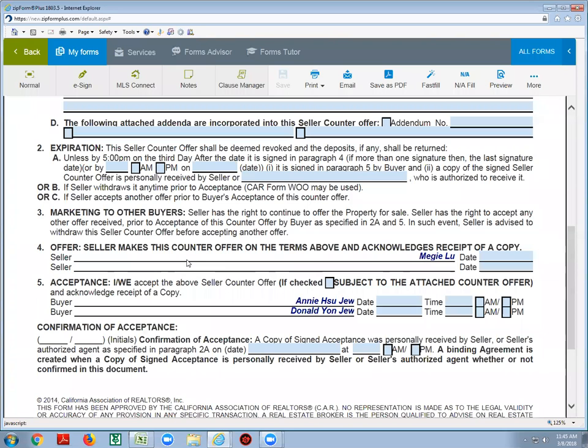Take a minute, look at it, and if everything is fine, send it to the listing agent right away. Because if anything is wrong with it, buyers still have a right to cancel, right? Then what are you afraid of? Send it. Don't wait until afternoon.